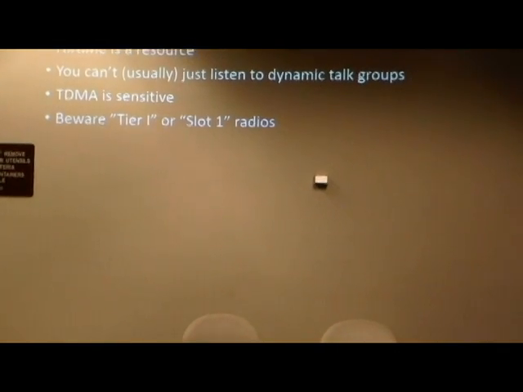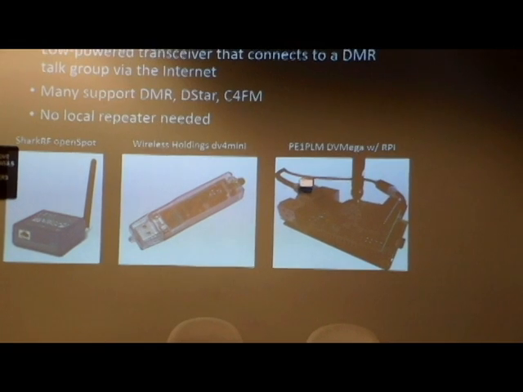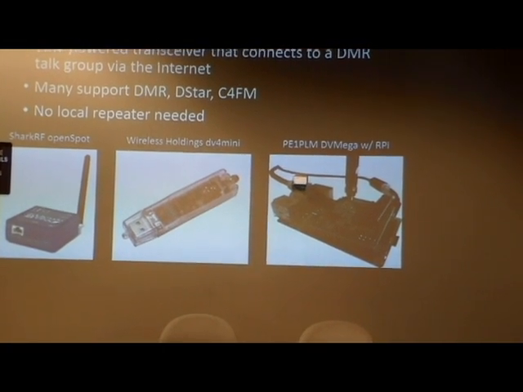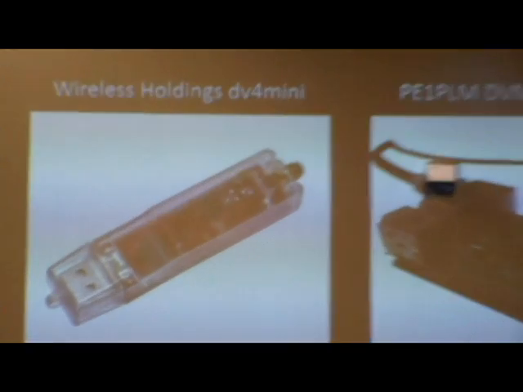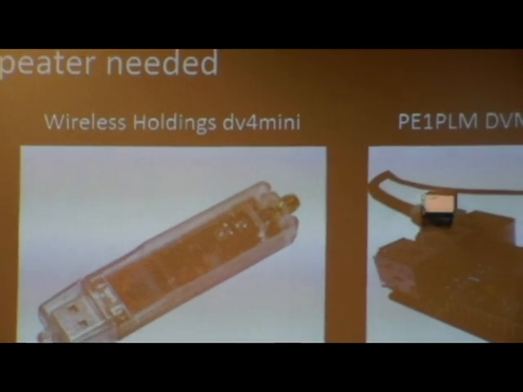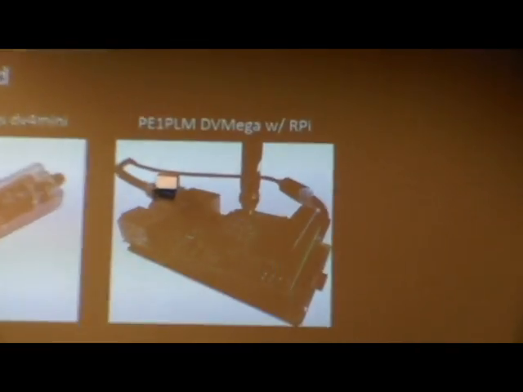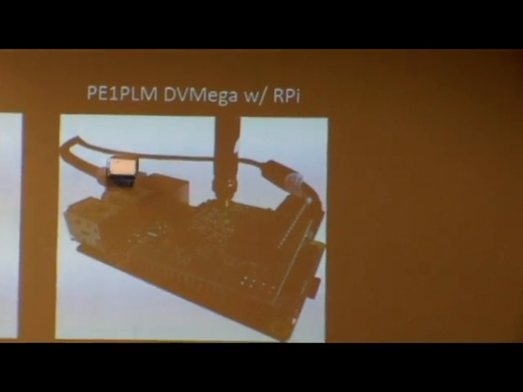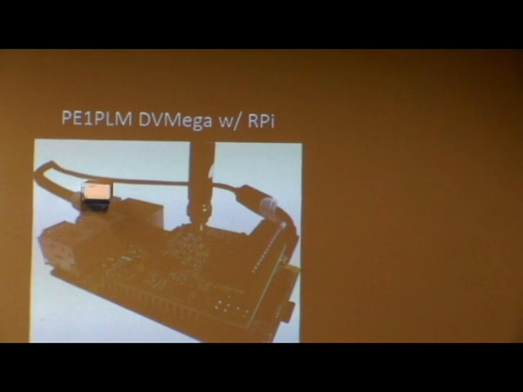Can you say something about the other hotspot, the third one? Oh, the DV Mega. The DV Mega is a really popular homebrew alternative. It's just a transceiver that plugs into the 40-pin connector on a Raspberry Pi. There's also a version that will connect over Bluetooth to tether via a cellular phone.